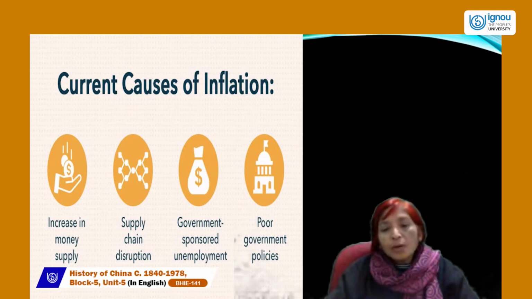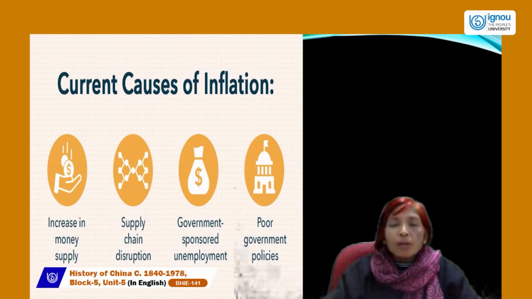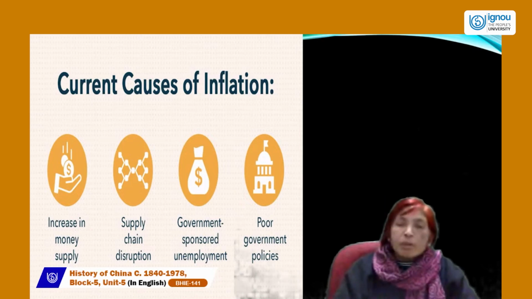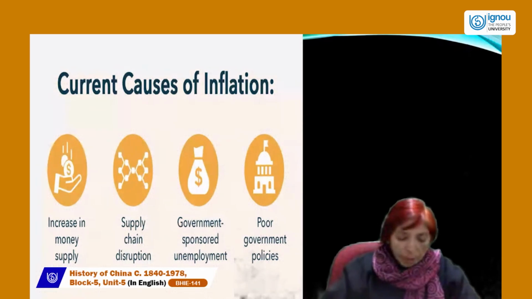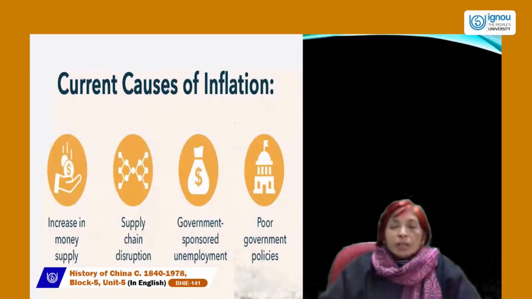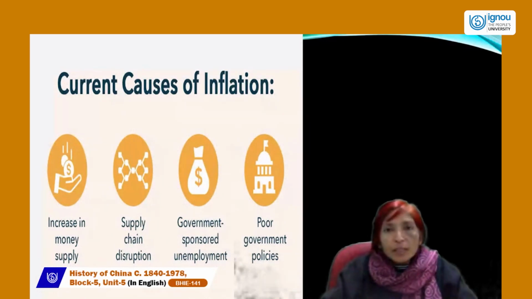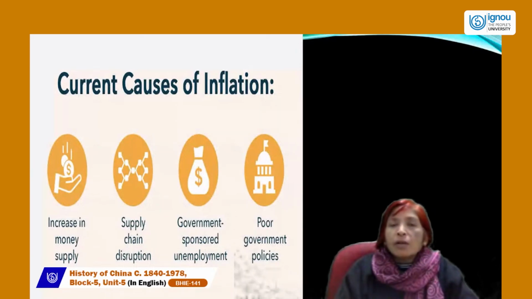And next is poor government policies. When government makes poor policies for the economy, then the inflation problem exists. And sometimes government also increases things like minimum support price, which is fixed by the government.